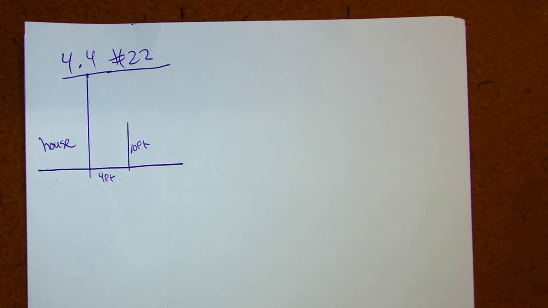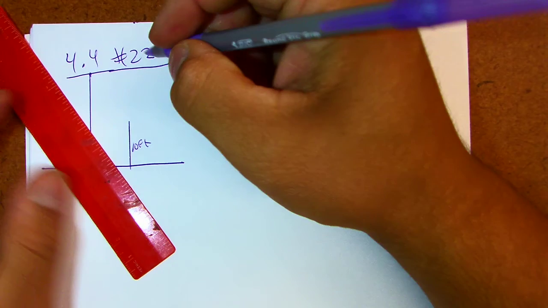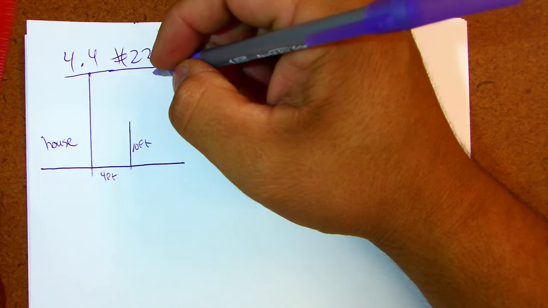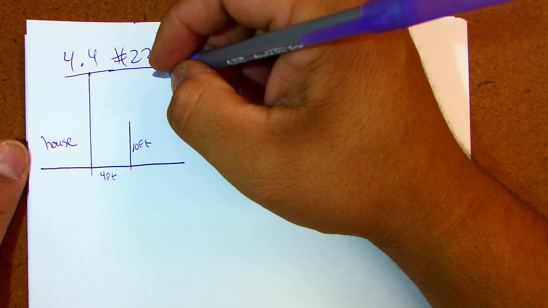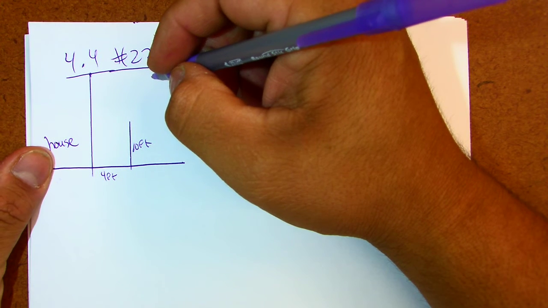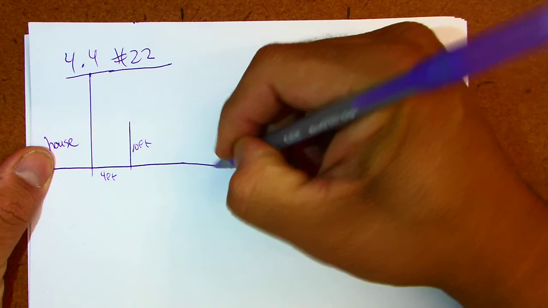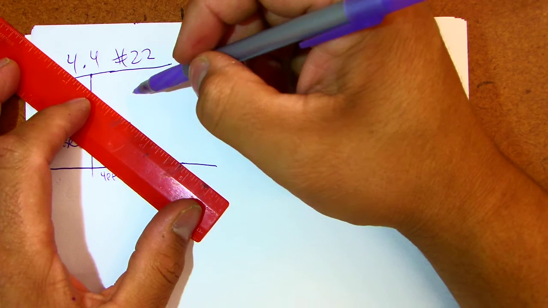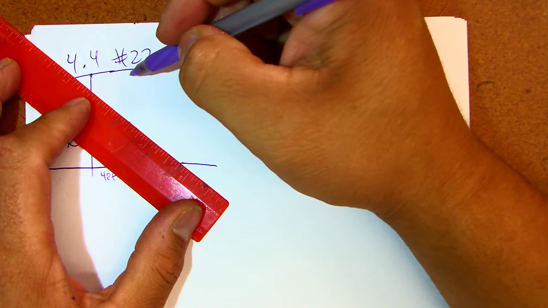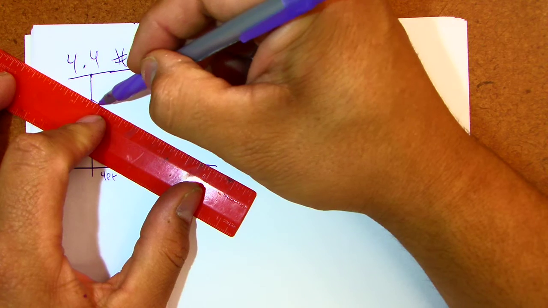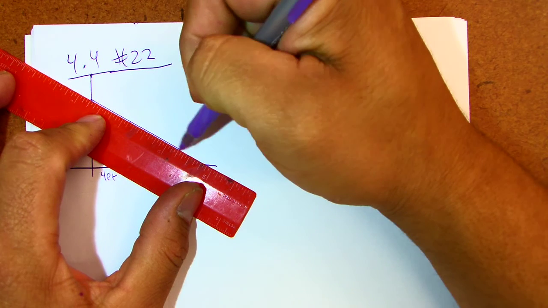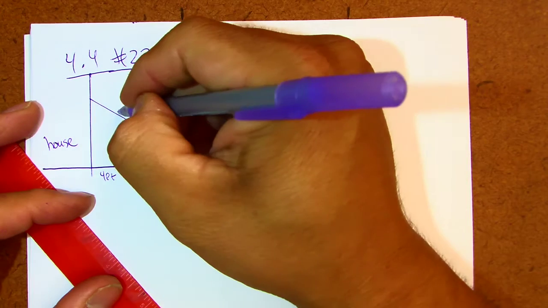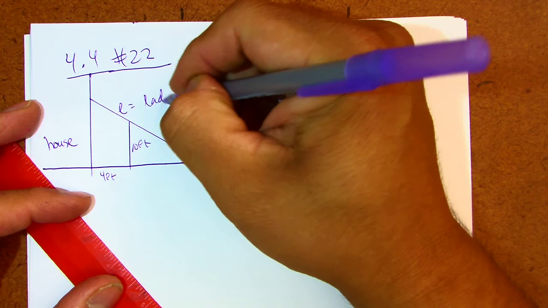Find the length of the shortest ladder that extends from the ground over the fence to the house. So I'll call this L. That's my ladder.